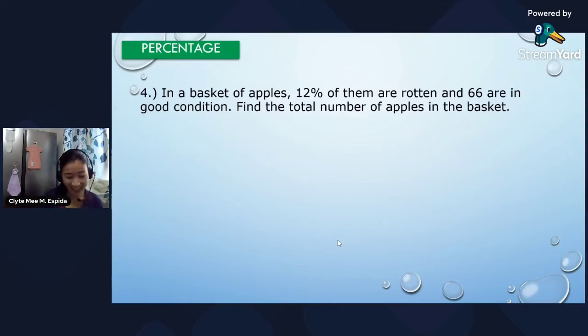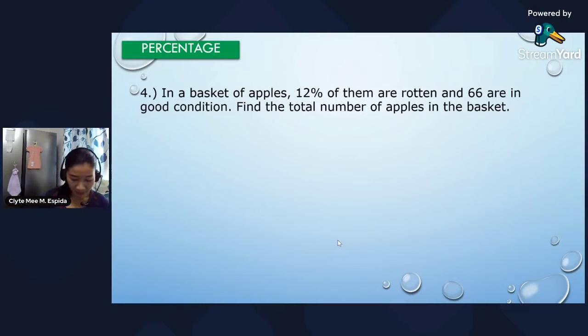Okay? Okay, Rexley, you answered 74. 78 for Lilet. 74. 55 po sure answer.